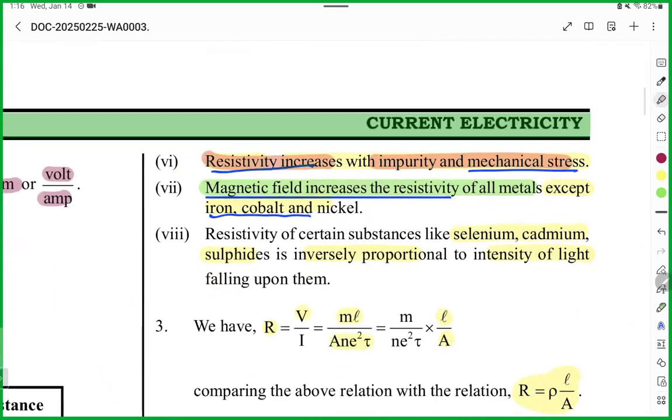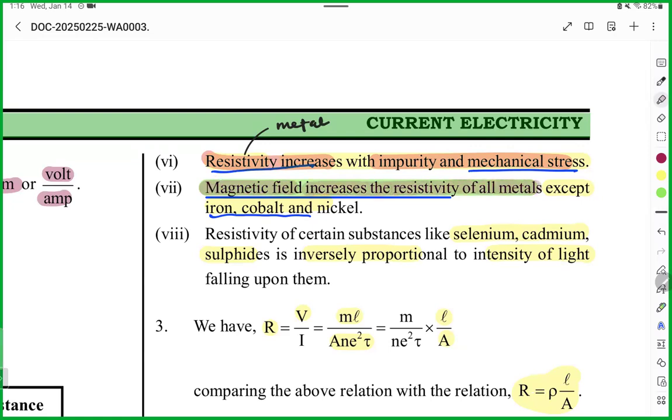If you increase impurity, then resistivity increases. It depends upon the nature of material. Impurity in case of metal. Again, we are talking about metal because metal already has maximum conductance. Whatever you do after that, it will decrease only. Correct. Then magnetic field also increases resistivity for all the metal.